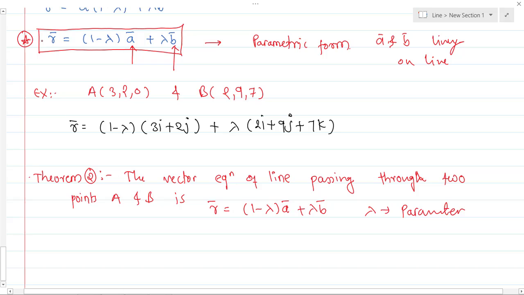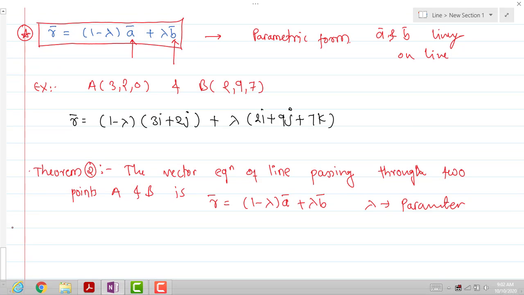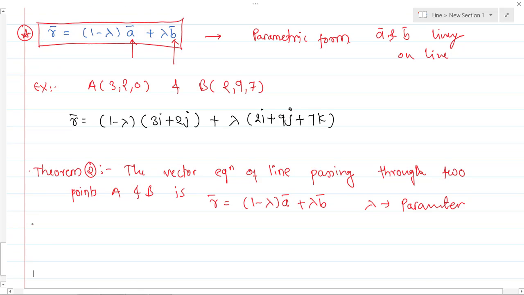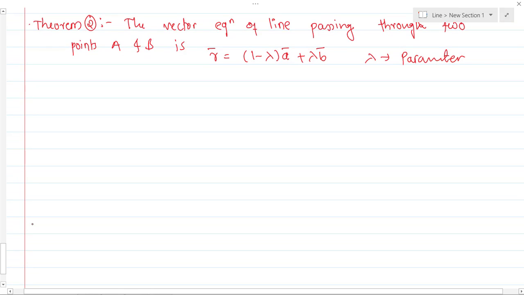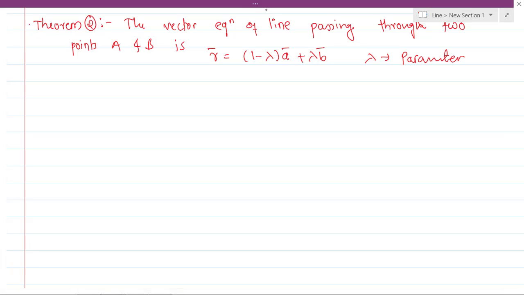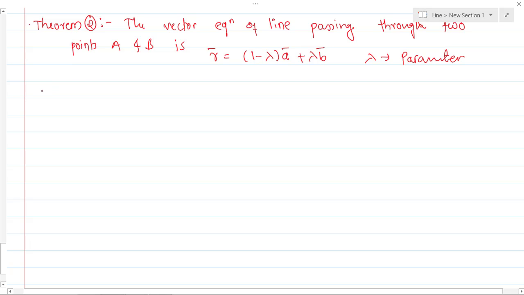Okay, now let's again find out some of the important concepts from this equation of line. So the first point is, suppose this is the given equation, r bar is equals to (1 minus lambda) a bar plus lambda b bar.